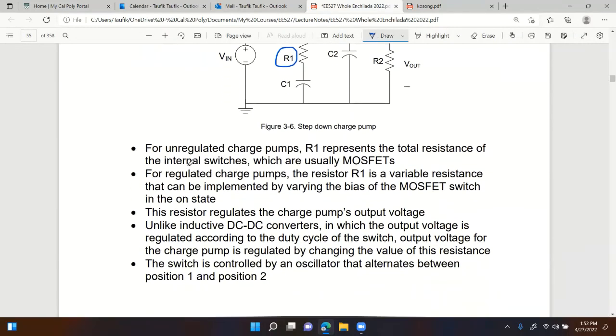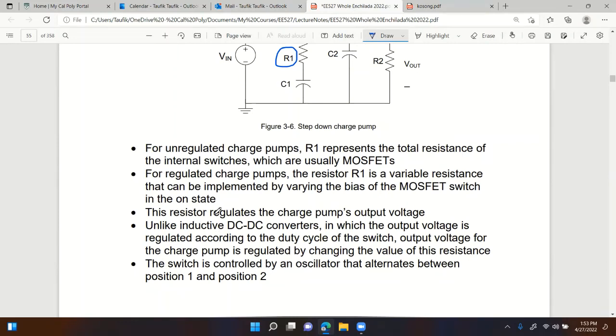For unregulated charge pumps, R1 represents the total resistance of the internal switches, which are usually MOSFETs. For regulated charge pumps, the resistor R1 is a variable resistance that can be implemented by varying the bias of the MOSFET switch in the on state.